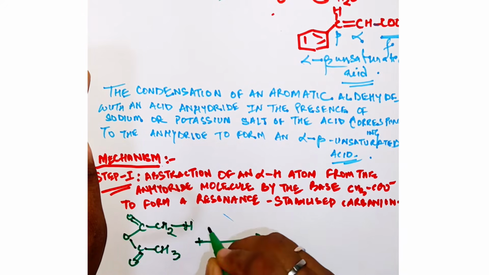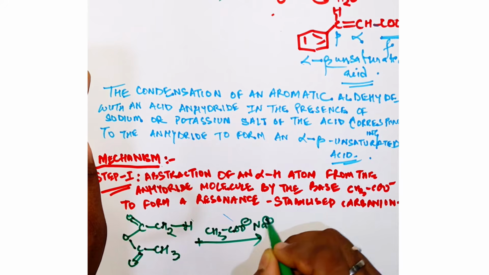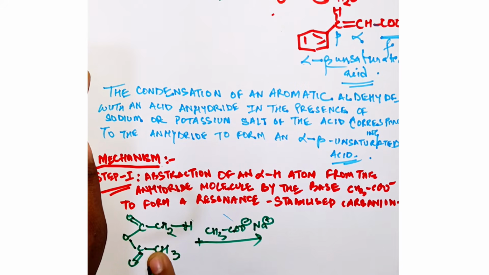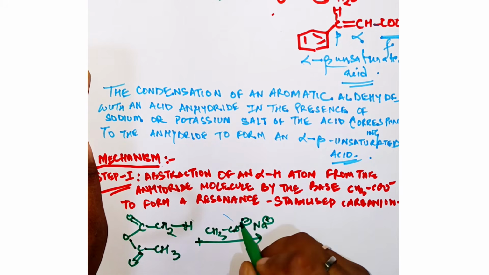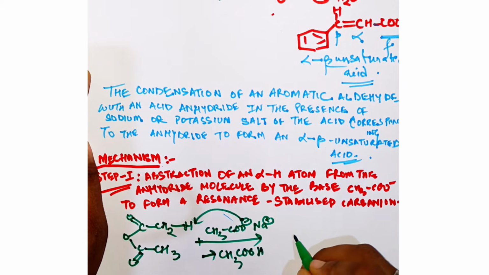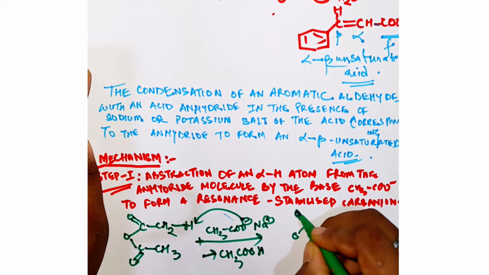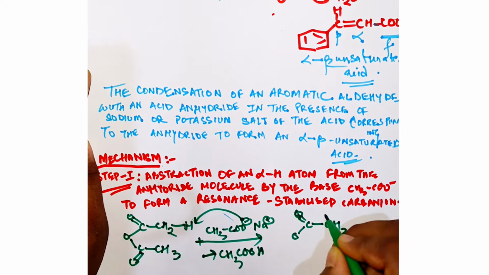This is CH3COO minus, Na plus, the second reagent, the sodium salt of the same acid. This is the base. It takes up a hydrogen, CH3COOH is gone, and you get this kind of carbanion, CH2 minus.